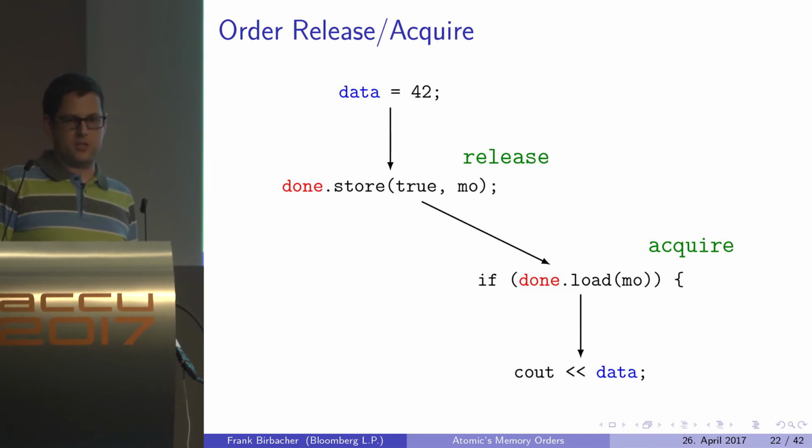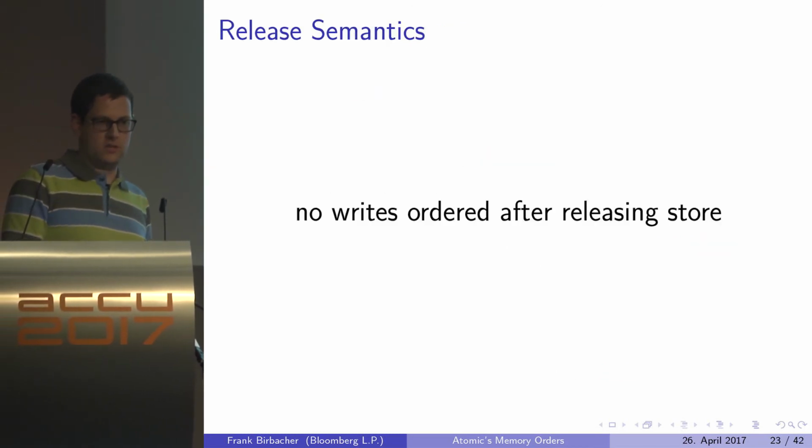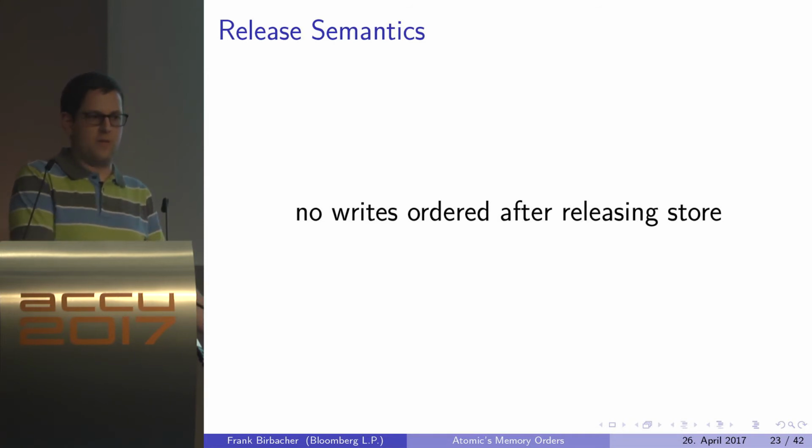The release semantics just say previous stores cannot go past this point. No writes can be ordered after a releasing store on an atomic. Everything sequenced before needs to be covered by this store. Any other optimization, like bringing other writes up and doing them earlier, is not forbidden and can happen, whoever does it.